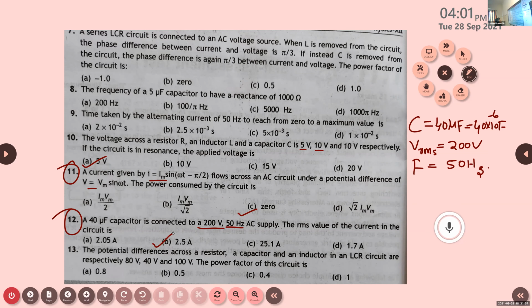Now the last question. The potential differences across a resistor, a capacitor, and an inductor in an LCR circuit are respectively 80 volt, 40 volt, and 100 volt. The power factor of this circuit is 0.8, 0.5, 0.4, or 1.